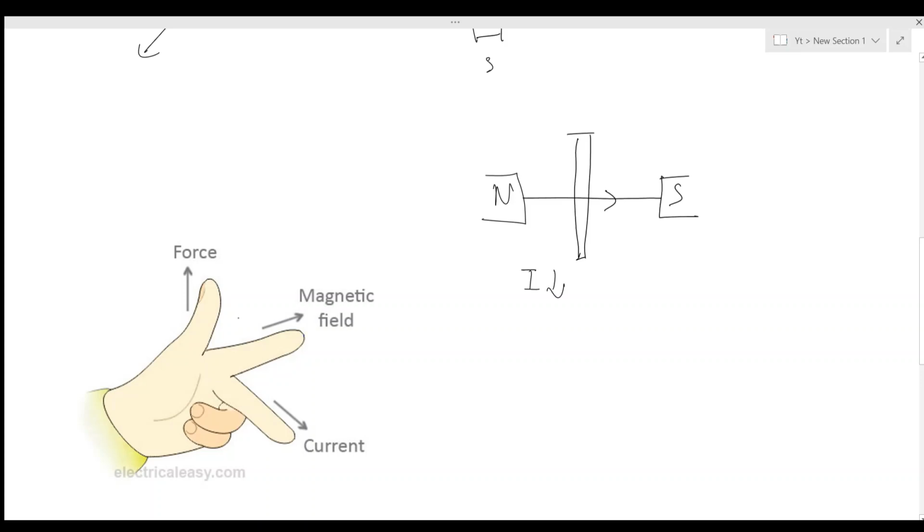You basically just hold your left hand in this orientation, with the thumb, the index, and the middle finger at 90 degrees from each other. The direction of the thumb gives the force, the direction of your index finger gives the magnetic field, and the direction of your middle finger gives the direction of the current.